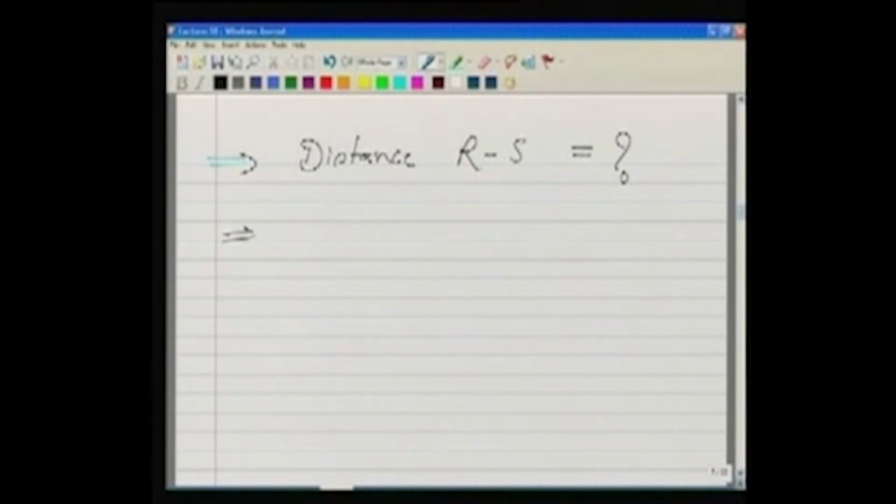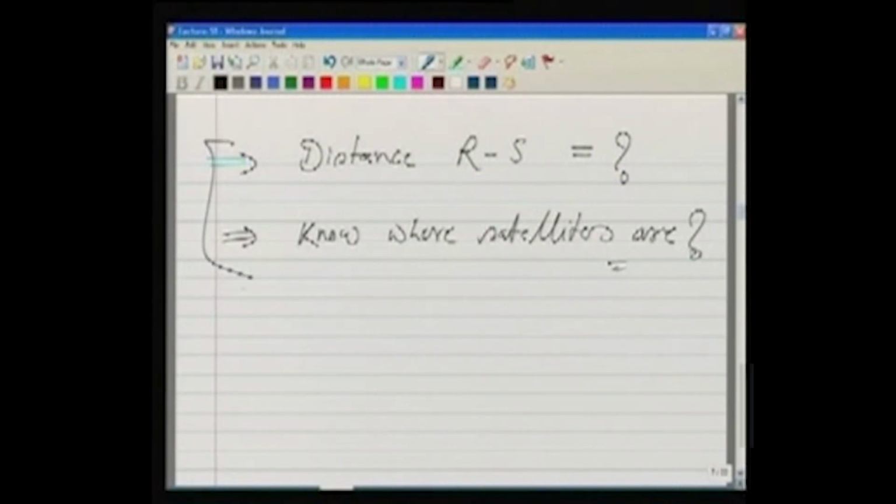Number 2, we were saying that we know where the satellites are. So that's the second question. Now we would like to find the answer to how this distance can be determined, and how we know the positions of the satellites at any point in time.